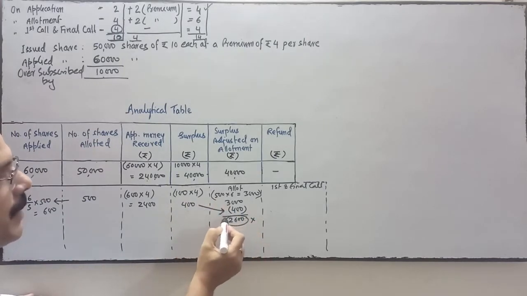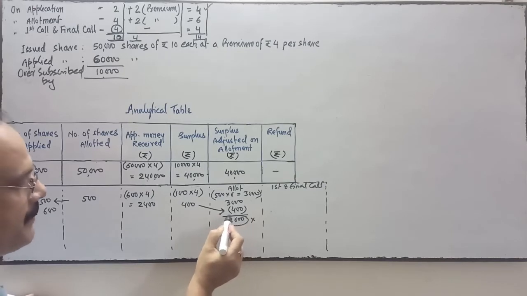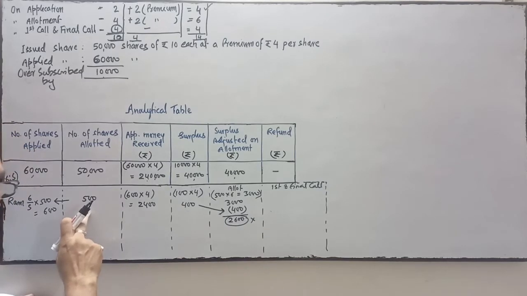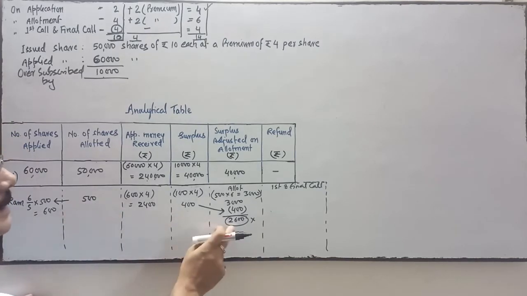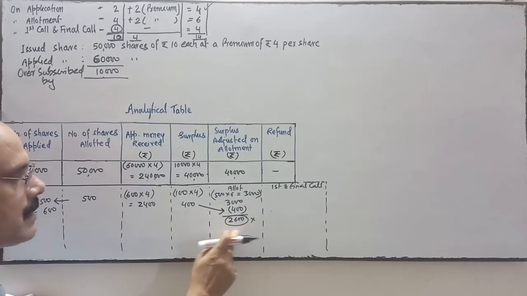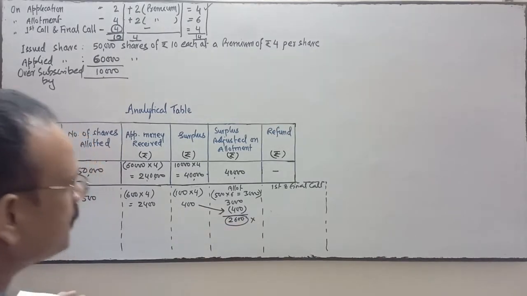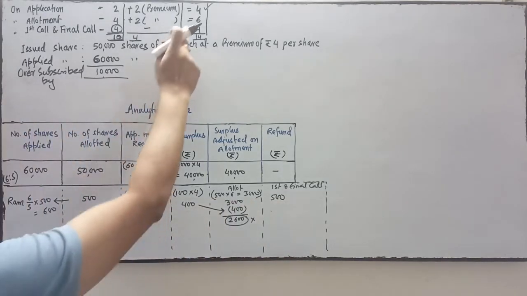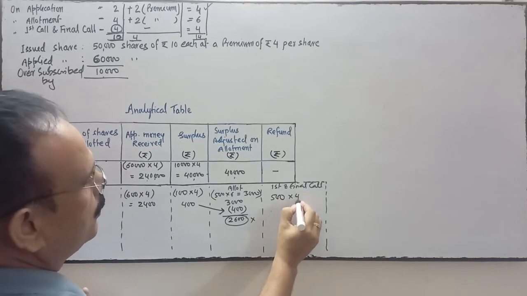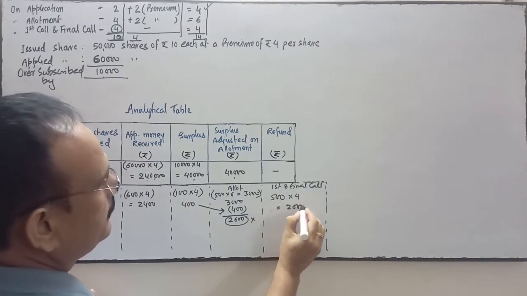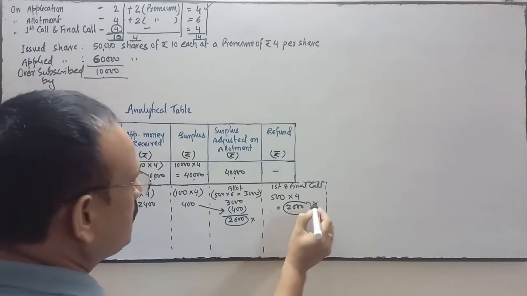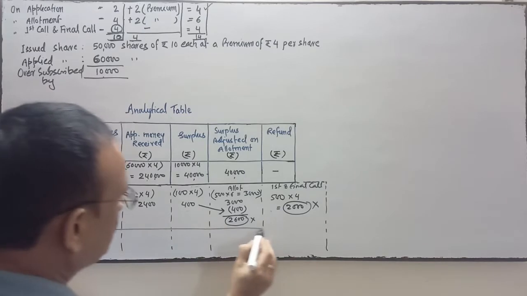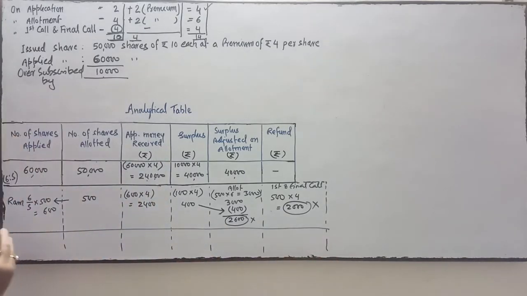So after adjustment, this money has to be paid by this shareholder holding 500 shares. He has not paid this amount, so this is the calls in arrear on allotment. Now coming to the first and final call on 500 shares, the rate is rupees 4, so 2000 is the calls in arrear. This is the calculation of Ram.